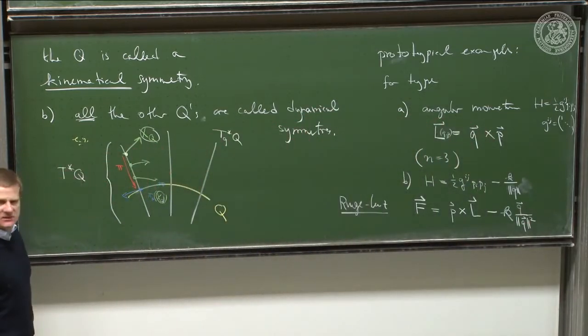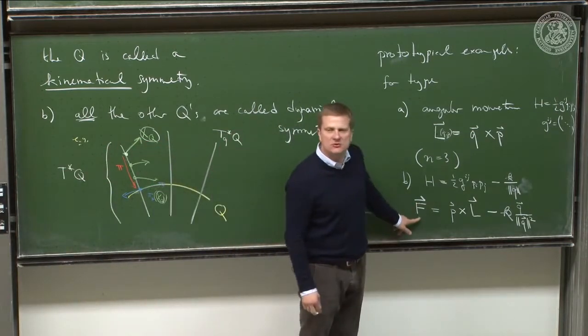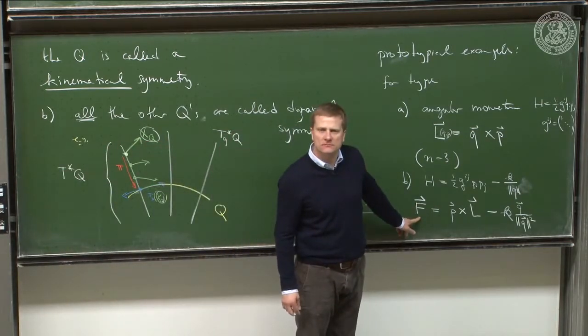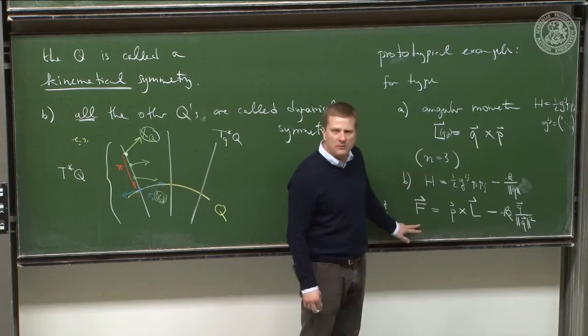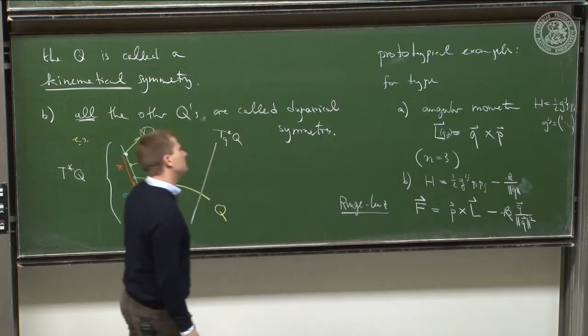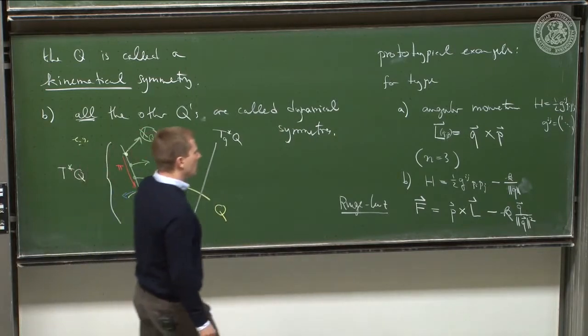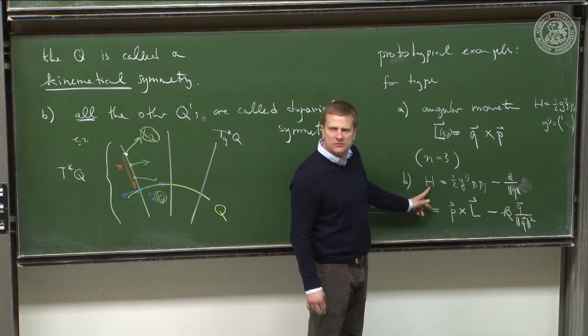This is the Runge-Lenz vector. One can check that for this Hamiltonian, each of these components is conserved. Okay? And that's an additional SO3 symmetry, well, at least for bound states, it's SO3 symmetry of this theory, but it's not a kinematical symmetry.